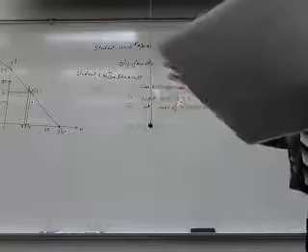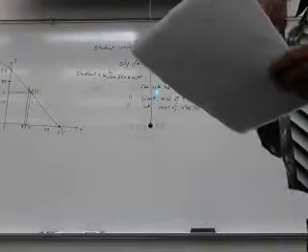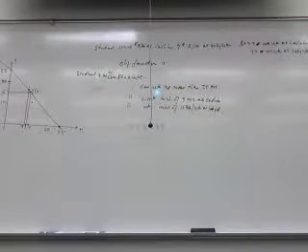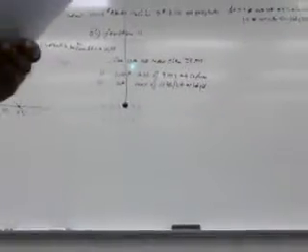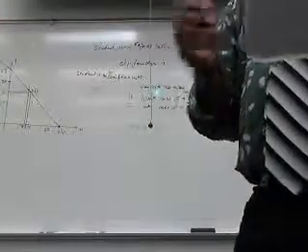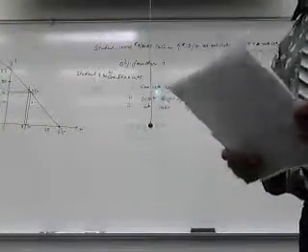So we have a problem here on the board. Let me read this problem. It says a student earns $10 per hour as a cashier and $12 per hour as a babysitter. In the problem, they said that x equals the number of hours worked each week as a cashier and y equals the number of hours worked as a babysitter.